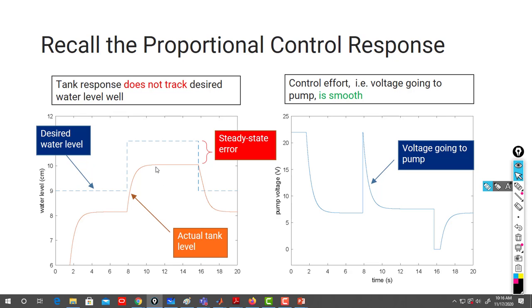That's the actual water level, which is 10, but your desired was most probably something between 10 and 12, maybe 11 centimeters, but you get something like 10. So you have one centimeter error with the proportional. It doesn't track the desired water level. The voltage going to the pump is smooth, but there is saturation.